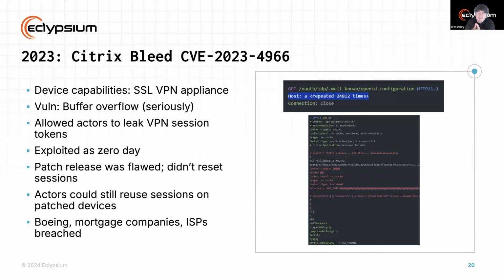So that actually meant that now, even though people thought that these devices were patched, threat actors were still using the existing session tokens and still getting into environments, even though the vulnerability had been supposedly closed. And this resulted in organizations like Boeing, mortgage companies, and of course, some internet service providers to be breached by using this simple buffer overflow.